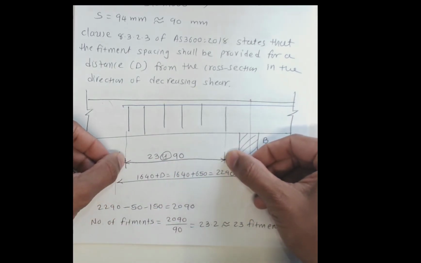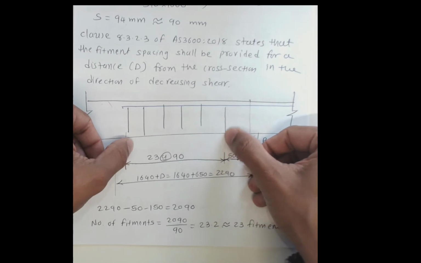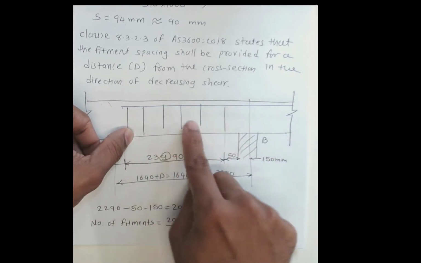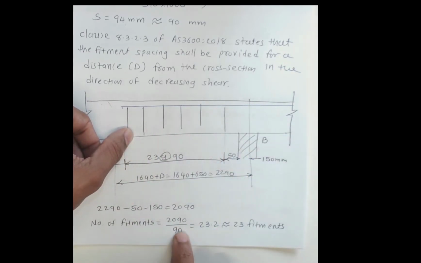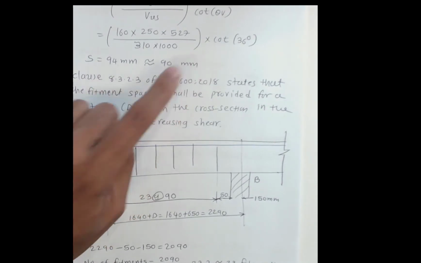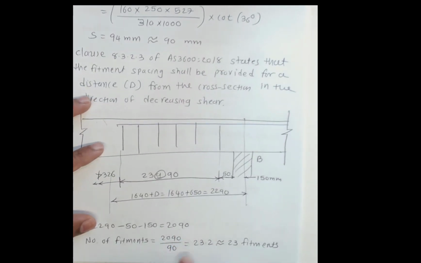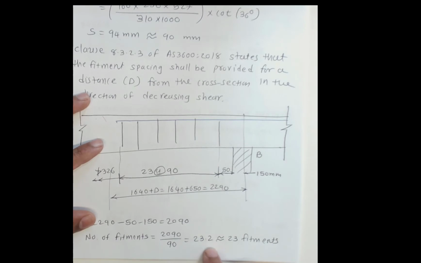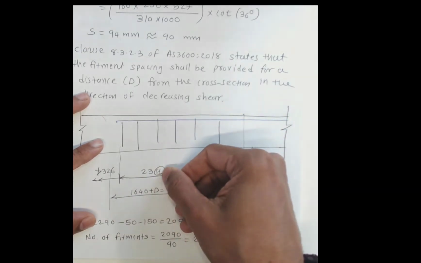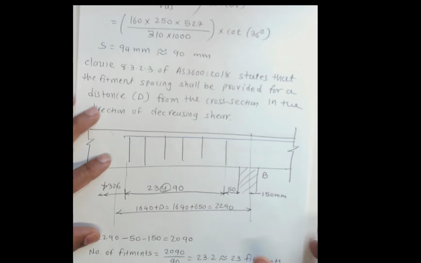Now we need to know how many fitments we can place here at equal spaces. The spacing is 90 millimeters, so 2090 divided by 90 gives us 23.2. We can't put 23.2, so we approximate to 23 fitments. So we can put 23 fitments at a spacing of 90 millimeters.